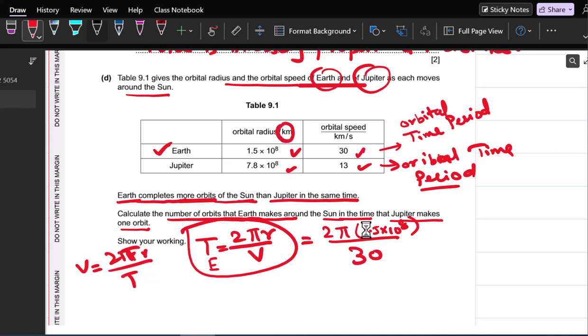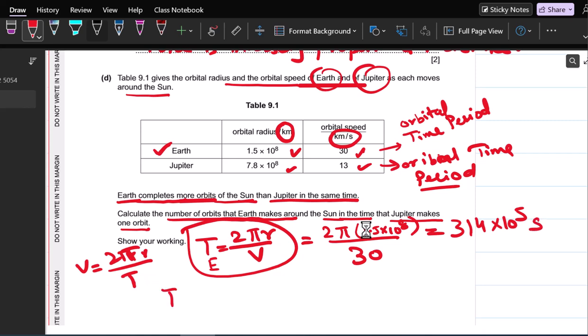So be careful about units. Units should be in the same convention. Let me calculate 2 times pi times 1.5 times 10 raised to power 8 and divided by 30. So I am getting 314 times 10 power 5 seconds.